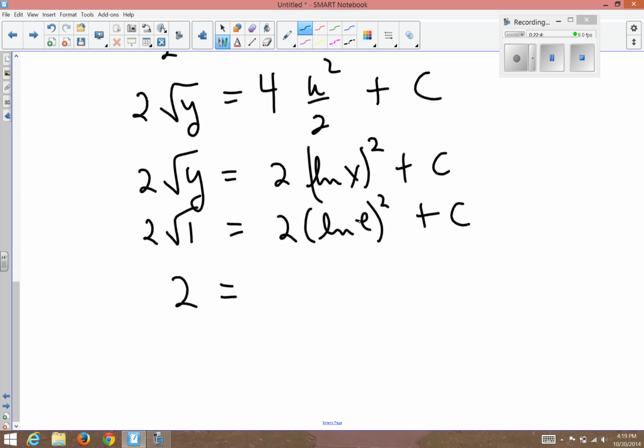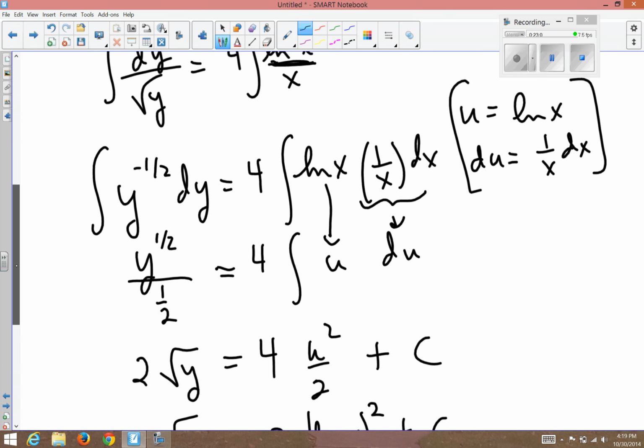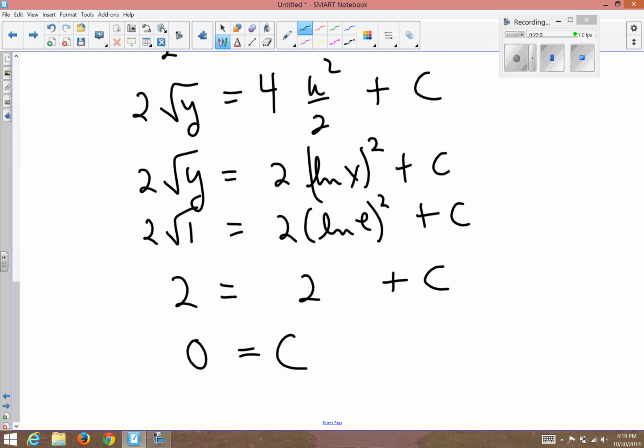The natural log of e is 1. 1 squared is 1. 1 times 2 is 2. And when we subtract 2 from both sides, this c was 0. That's going to go right in here.